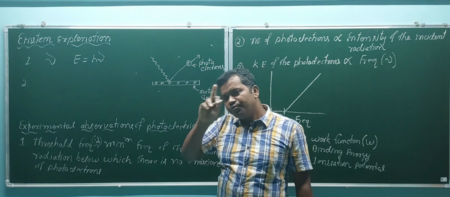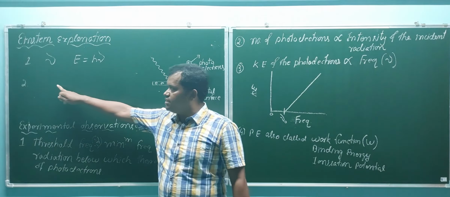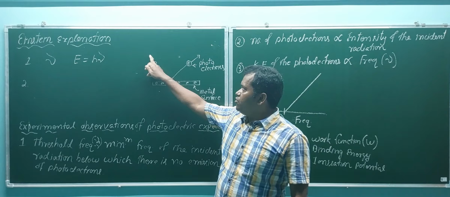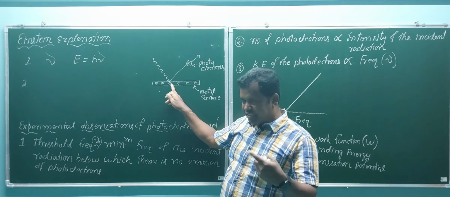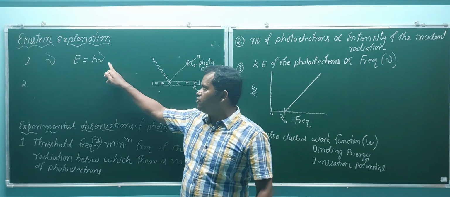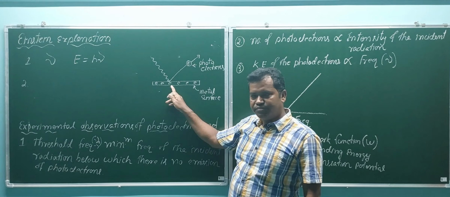One photon, one electron. So what is the second idea of Einstein? When a photon strikes the metal surface, the entire energy of the photon is absorbed by a single electron.